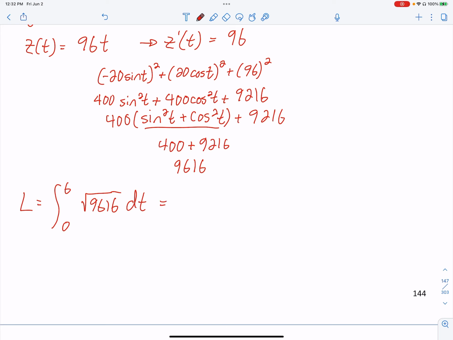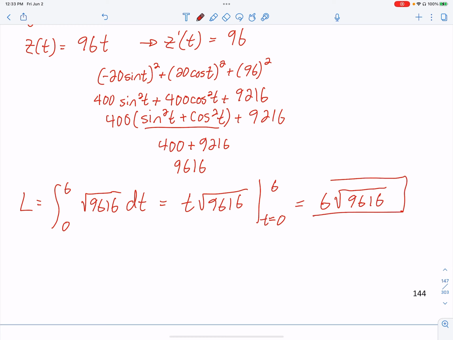So we get t times the square root of 9616 from t equals 0 to 6. So we get 6 times the square root of 9616. That is my exact answer for how much the eagle will travel in 6 minutes going up like that.